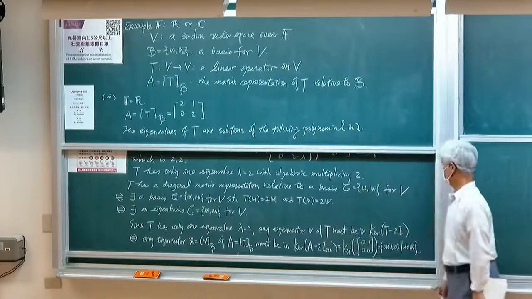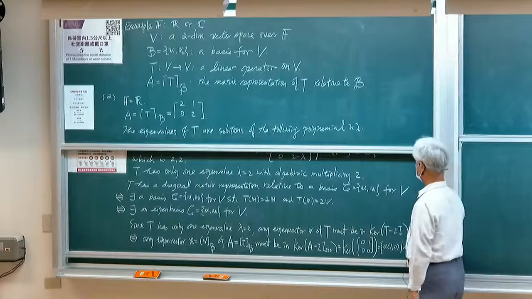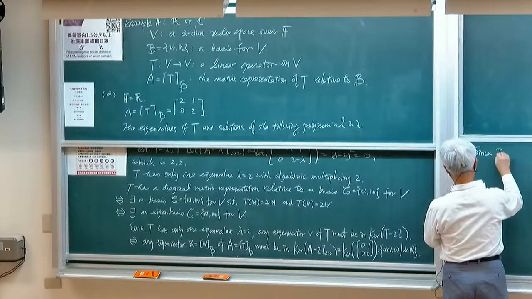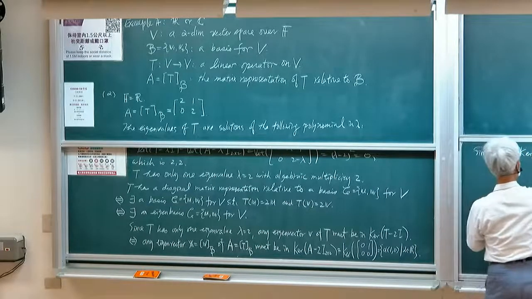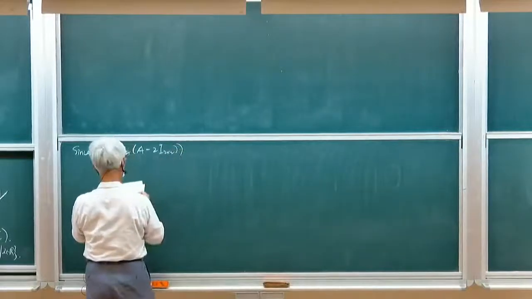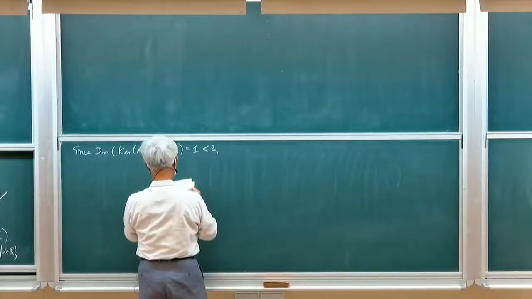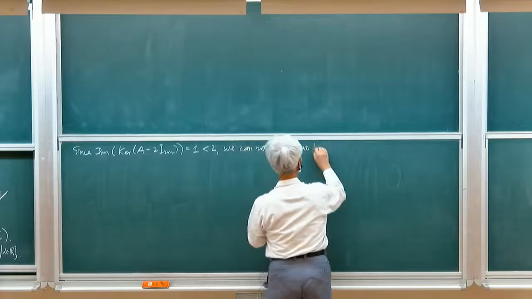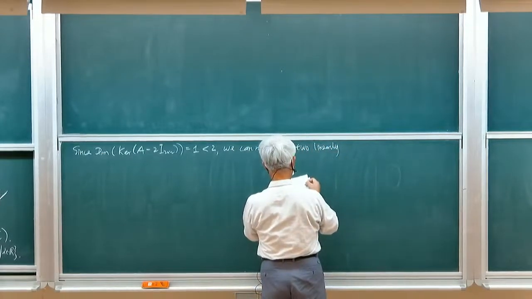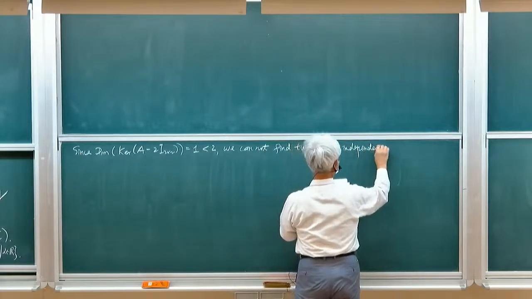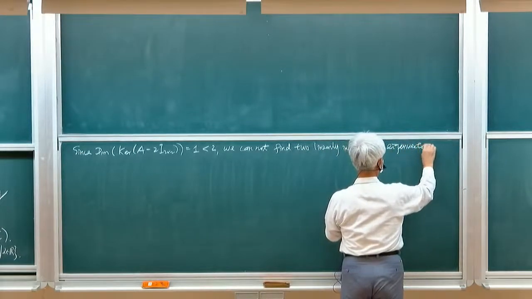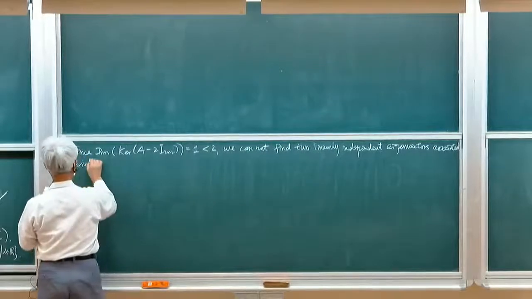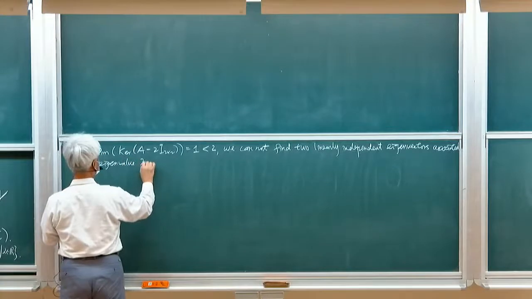Now the kernel is one-dimensional. So since the dimension is 1, which is less than 2, we cannot find two linearly independent eigenvectors associated with the eigenvalue 2.